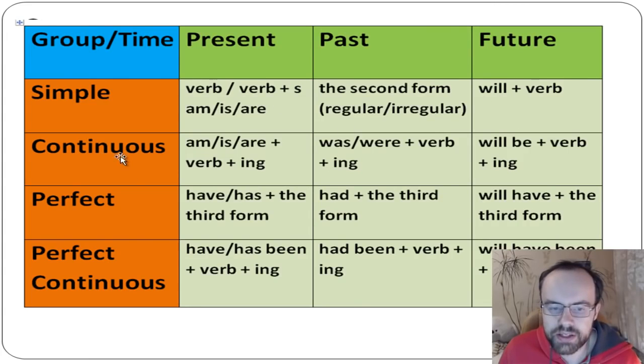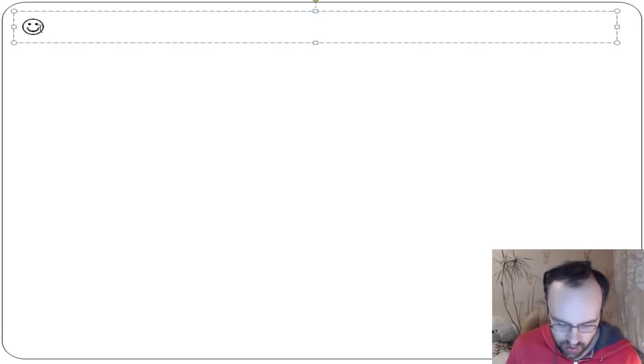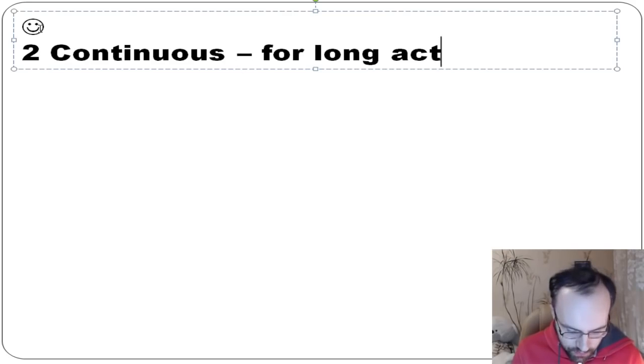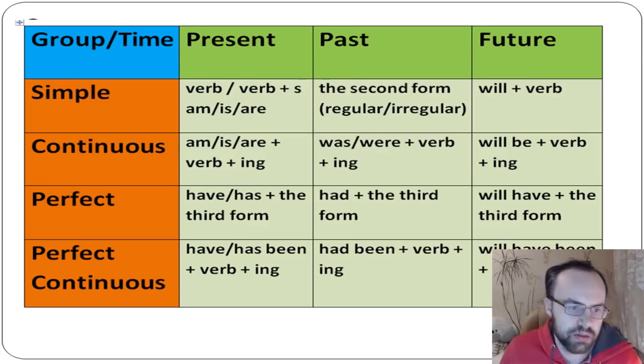So if you are looking at the second group, we call it continuous. The second group is for long actions. Remember, long actions. Continuous is for long actions, and they can be in the present, and we form it this way.